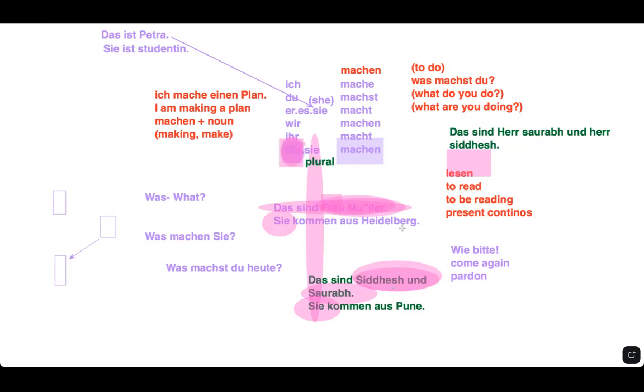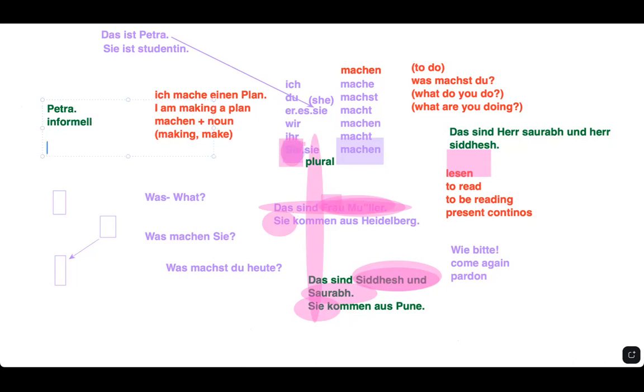How many people is Frau Müller? One person, right? You remember there is something in German, you have something like formal and informal, right? If I just mention somebody's name, Petra, that is informal. In English, this concept is not there, right? In Hindi, it's there.